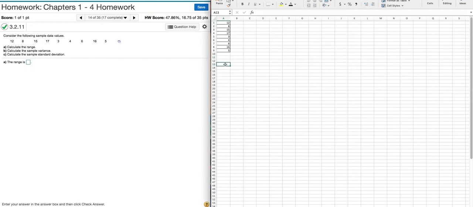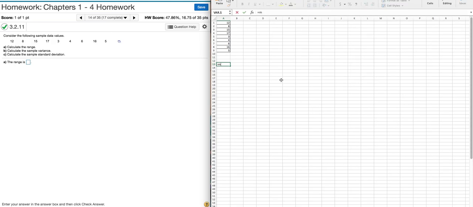Now, there isn't a range function in Excel, but we can calculate it just through the min and max functions. The min will identify the smallest data point in the observation set, and the max will identify the largest number in the data set. So we can use those separately or together.